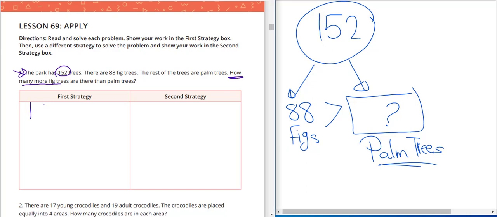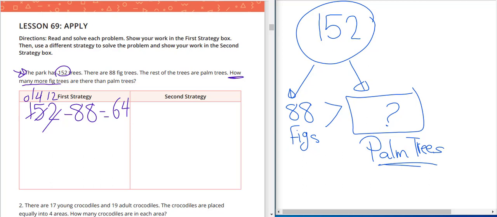We can say 152 minus 88 equals what? 12 minus 8 equals 4, and 4 minus 8 can't be, so borrow. 14 minus 8 equals 6. So palm trees equal 64 trees.